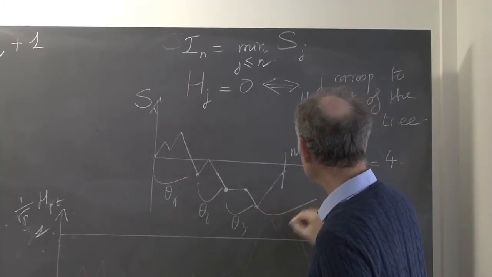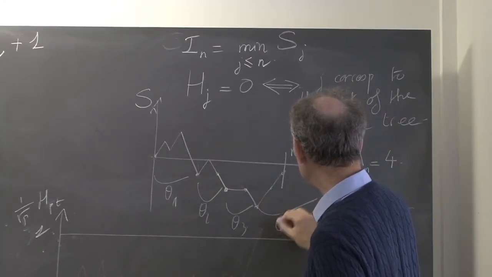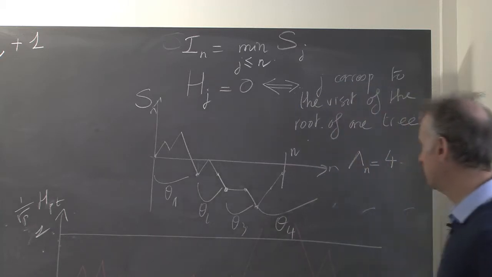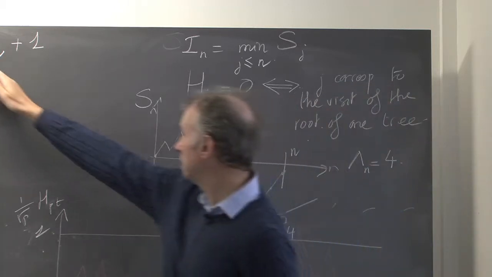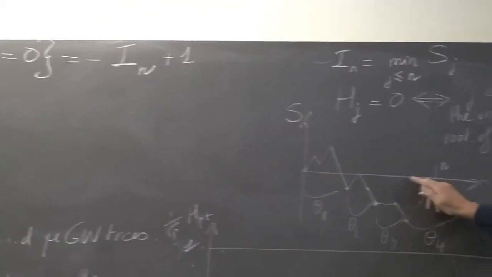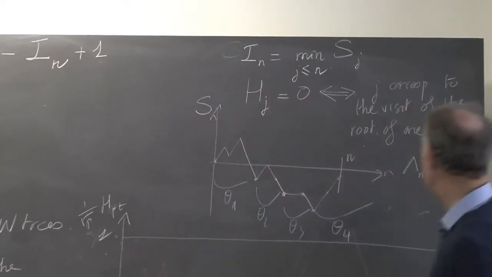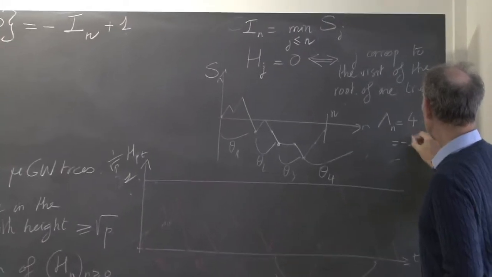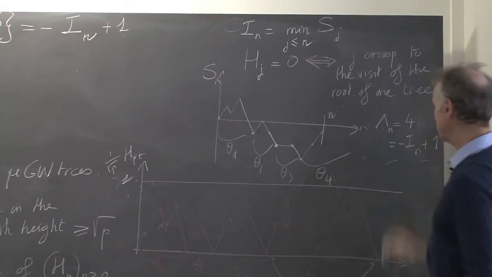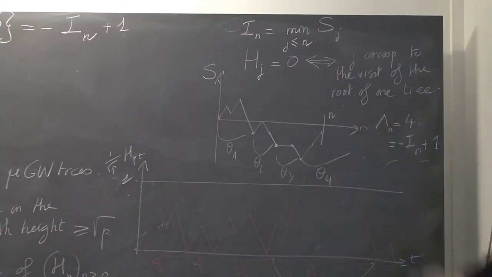And this is the same as, in fact, the index, if you want, of the tree I'm visiting at time n. And this is the same as minus the minimum. Minus the minimum is 3 here, plus 1, okay? So proof by example, the formula works, okay? But you can check for yourself, it's very easy, okay? There's nothing deep there, okay?